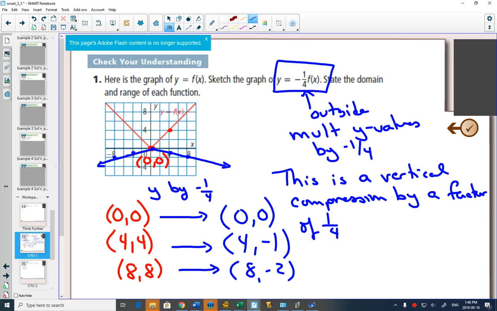We always say by a factor of to show what we multiplied by. And notice how I didn't include the negative there? Because the negative is a vertical reflection.